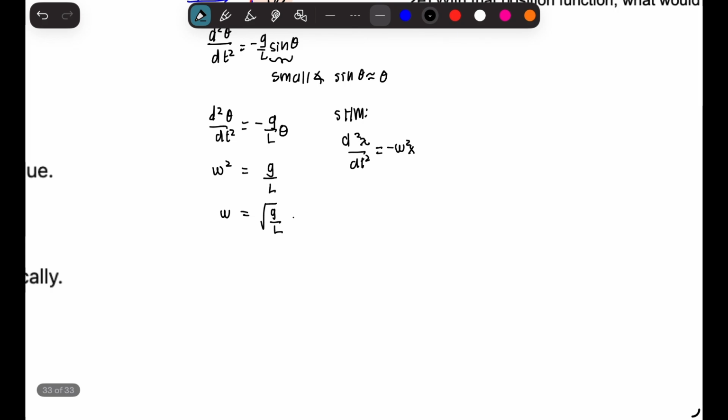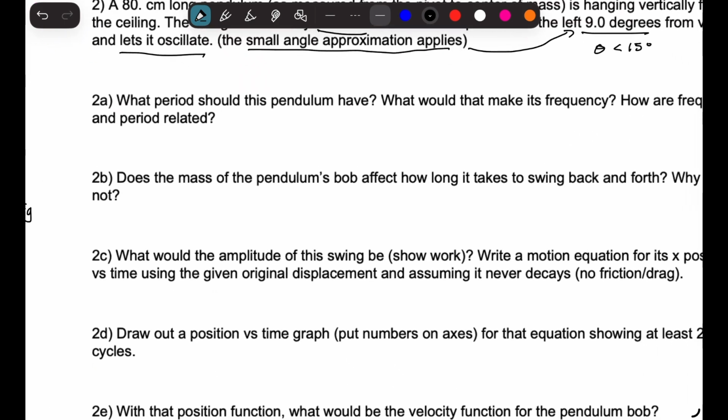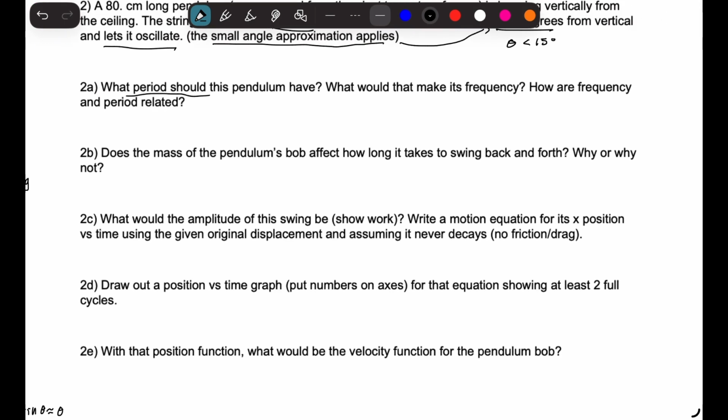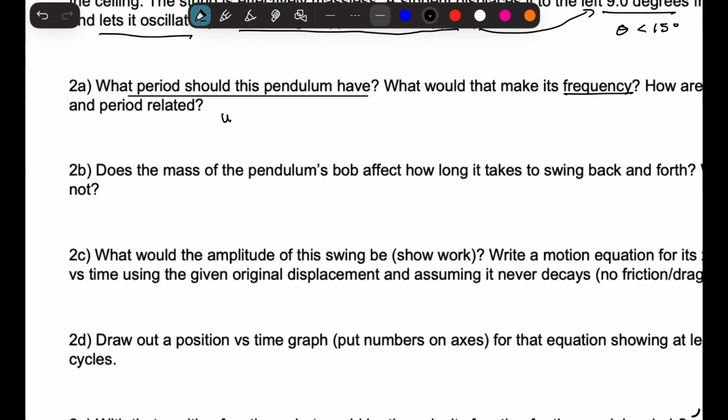Now we can calculate our angular frequency, which was what our question was asking us to do. What period should this pendulum have? What would that make its frequency? How are frequency and period related? So omega here is the root of g over L, which we have written there.